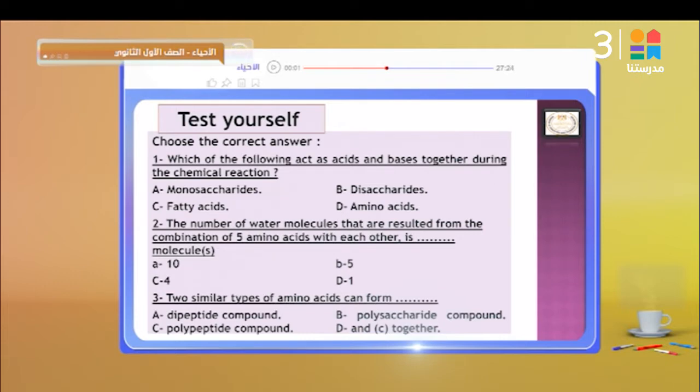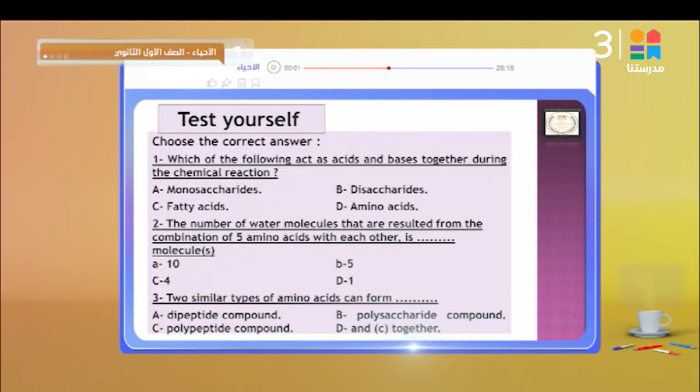Think, pair, share. Please pay attention. You must take this into consideration. Think: think very well about the question. Pair: share with your colleague beside you. Share: say the answer. Finally, it may be correct or wrong, but it is useful and beneficial.